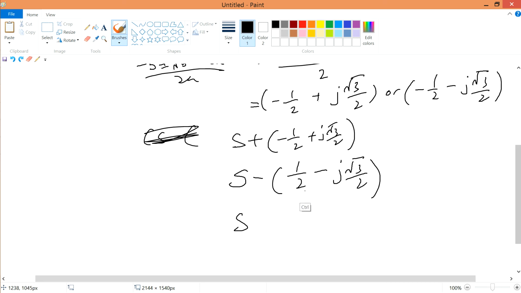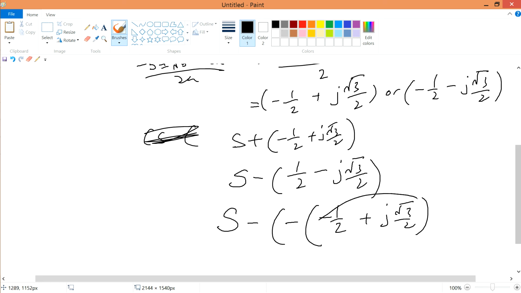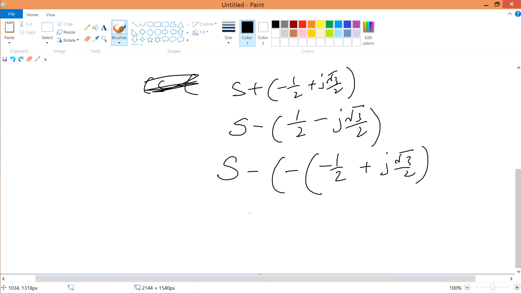I should have factorized them out. So this thing over here can be written as this one. I just want to prove to you that this thing equals this thing: I will factorize out the negative sign. Then I'll have S minus, and this thing will become minus half plus j square root 3 over 2, which is this whole thing over here. And then this minus and minus will add up together. You have S plus minus half plus j square root 3 over 2.